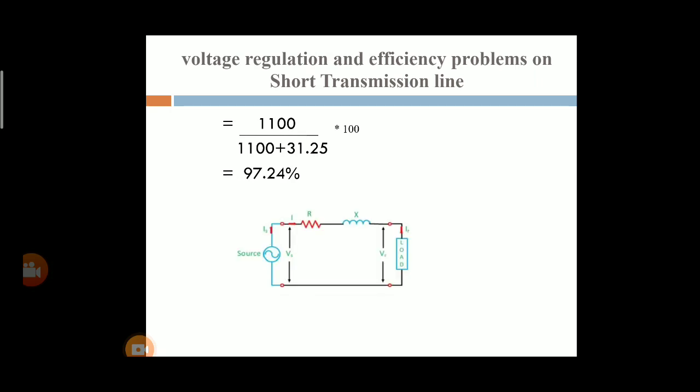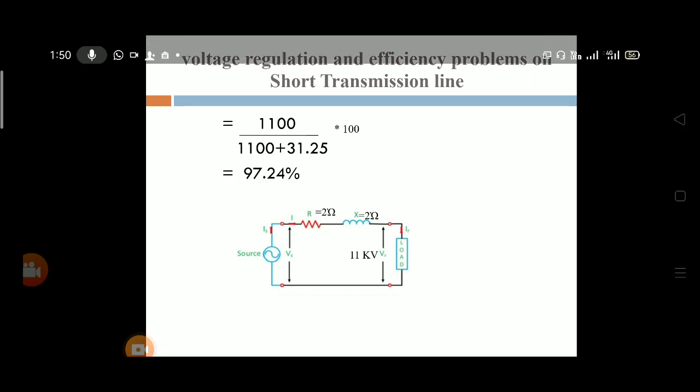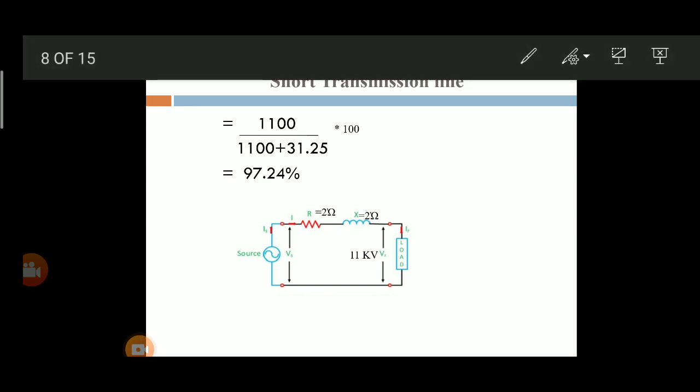Next, coming to the equivalent circuit diagram, we substitute all the values. First, in the given data we have the receiving end voltage, that is 11 kilovolts. The resistance value is 2 ohms and the reactance value is 3 ohms, not 2 ohms.